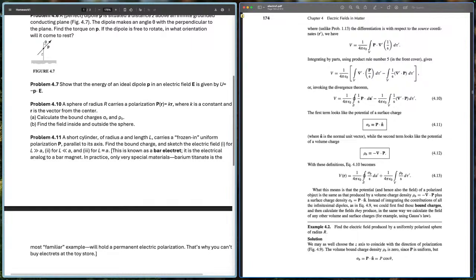What this means is that the potential of the polarized object is the same as that produced by a volume charge density plus a surface charge density. So the idea is we find sigma b and rho b, and then we just use Gauss's law. And since we're dealing with a sphere, it's highly symmetric, so it wouldn't be that hard as well.